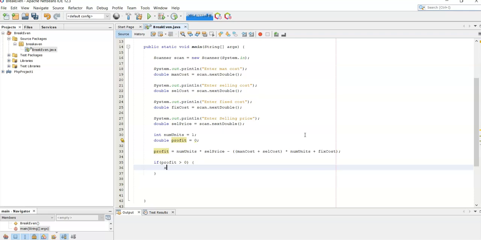I will say you have to sell at least num units, right? Because I initialize the number of units as 1.